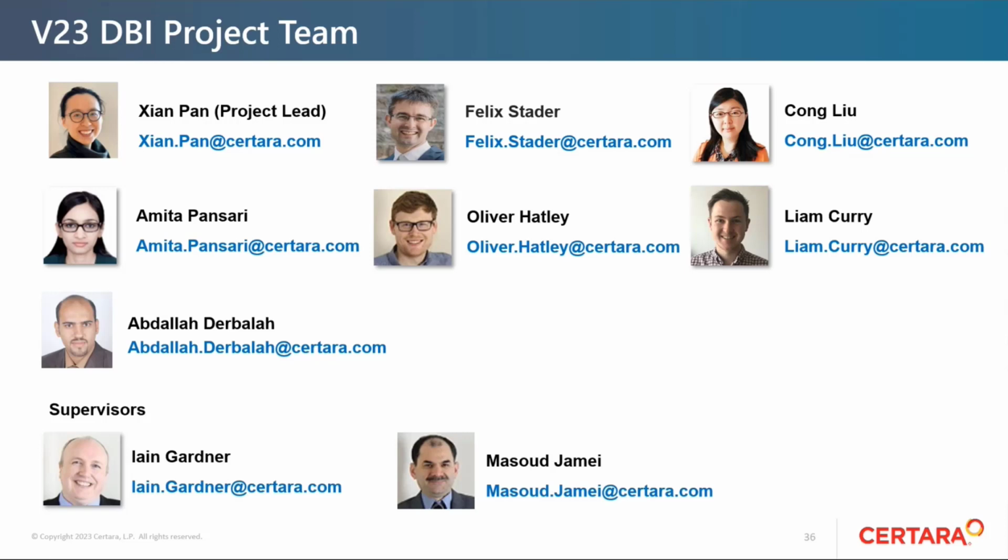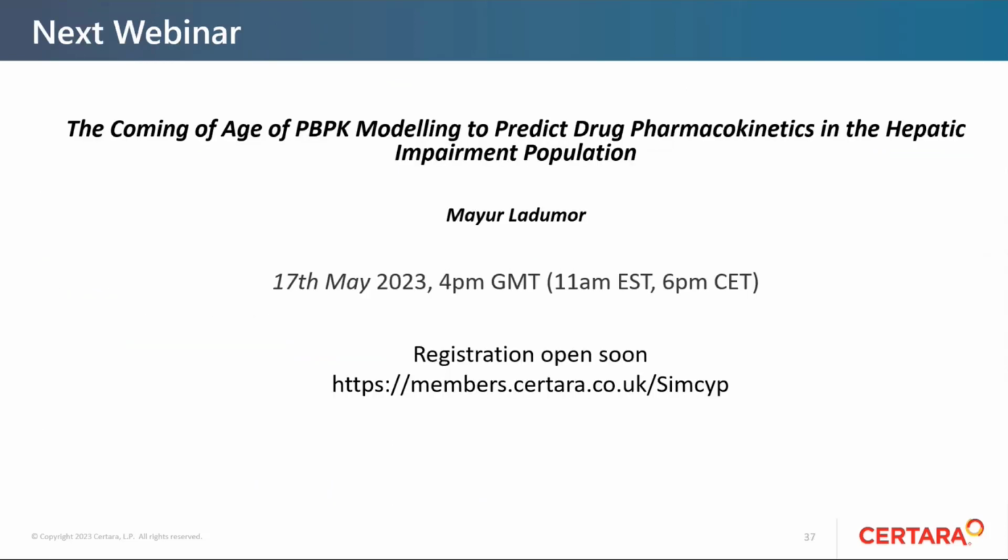Just as we close, to let you know about the next meeting that we're going to have on the 17th of May. The publication that it relates to is a publication by MEMA, looking at hepatic impairment populations, relating to some of the updates that were made in version 21 as well.